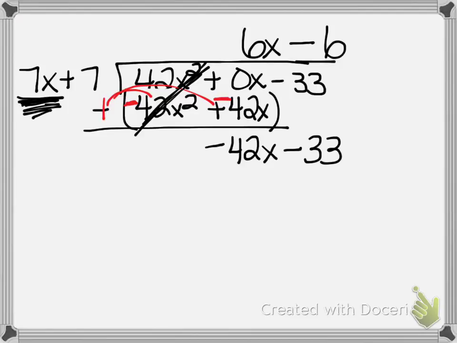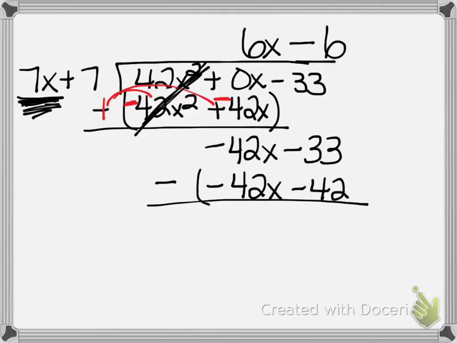So negative 6 times 7x gets you negative 42x, and negative 6 times positive 7 gets me negative 42. Again, I need to subtract this binomial. So what that means is I need to distribute that negative. So this now becomes a positive, and these signs change because I distributed a negative.